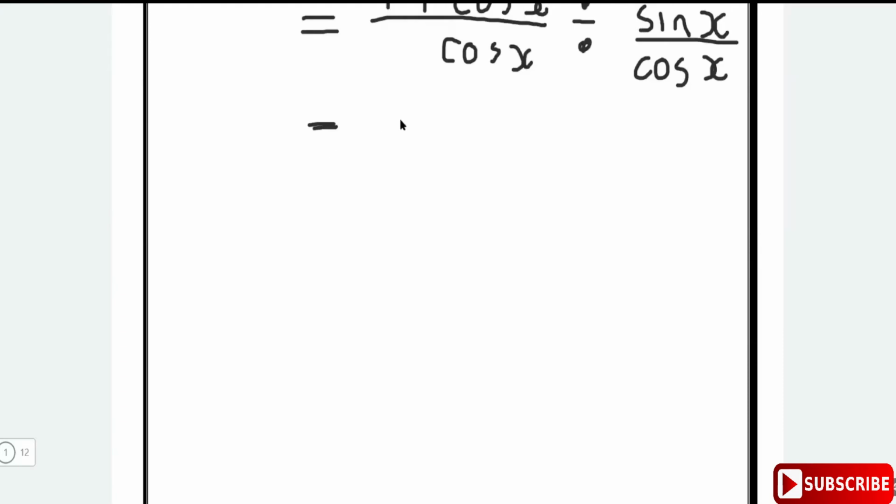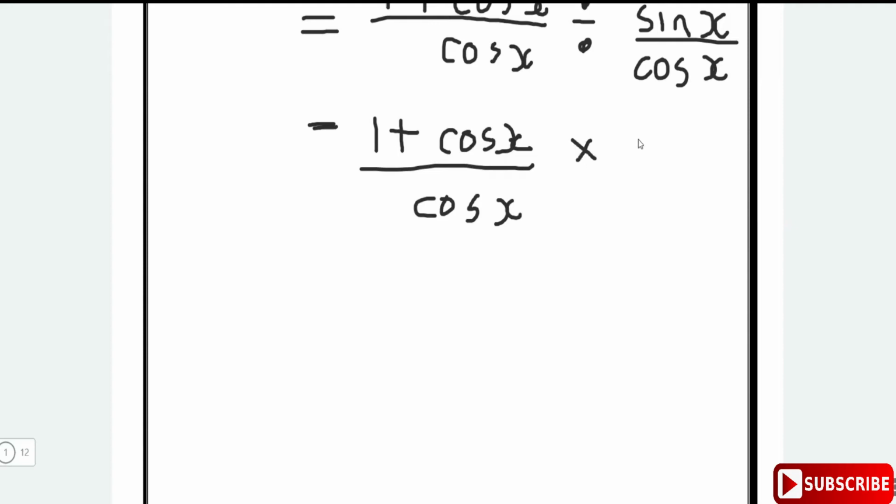So that becomes (1 + cos x) over cos x, multiplied by the reciprocal, cosine x over the sine of x.